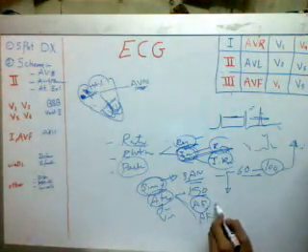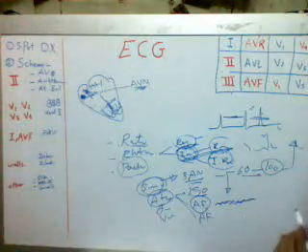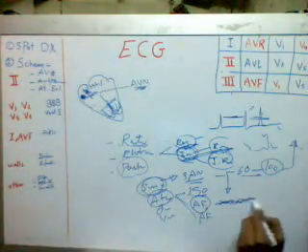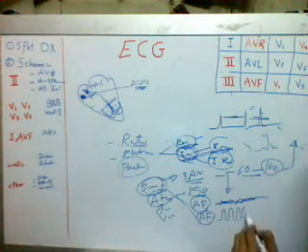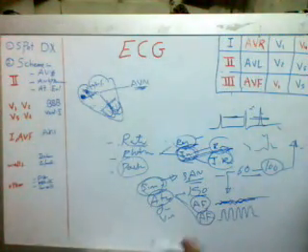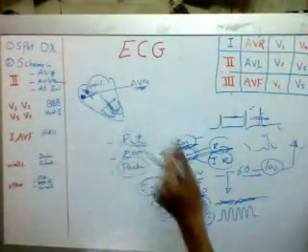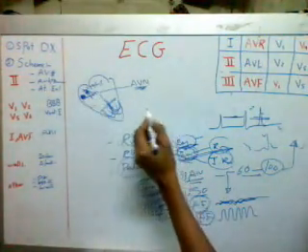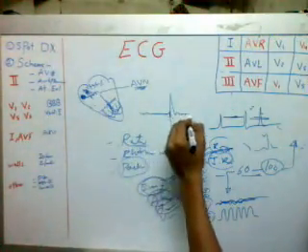It may be AF, atrial fibrillation, or atrial flutter. In atrial fibrillation, you see the P wave is fibrillatory like this, or atrial flutter has a flutter wave, so this appears. Okay, it may be junctional. The pacemaker here is the AV node. You can find an absent P wave, but there is a QRS complex.